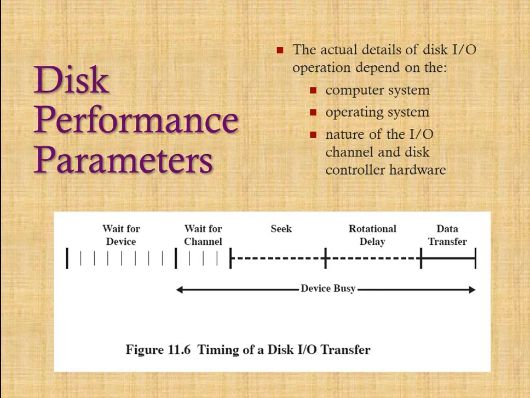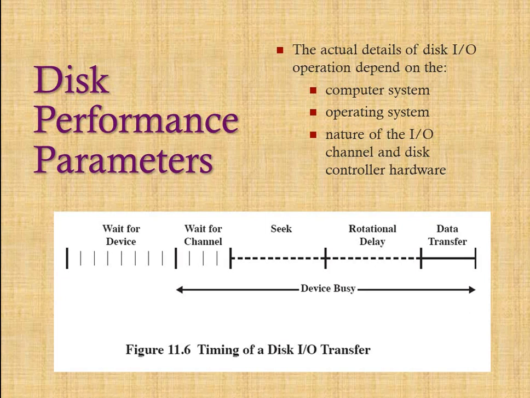Whenever the disk drive is operating, the disk is rotating at a constant speed. To read or to write, the head must be positioned at the desired track and at the beginning of the desired sector on that track.